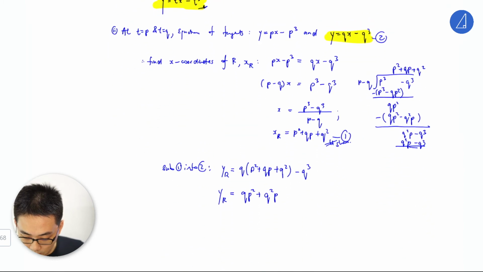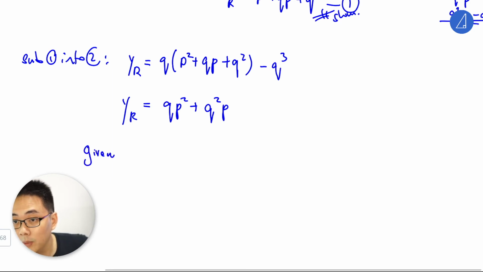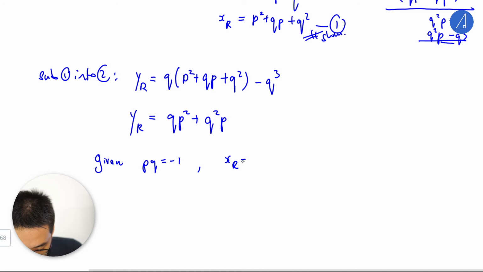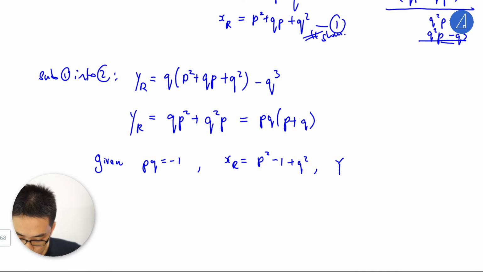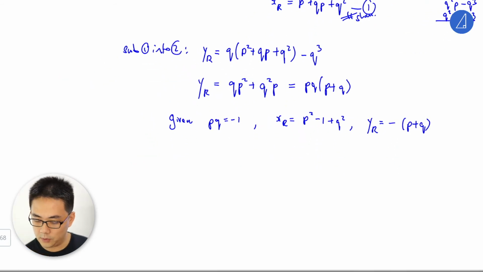Then you just factorize because we're given that P times Q is -1. So XR will become P square... YR. Okay, there you go. So I think it should be quite okay.